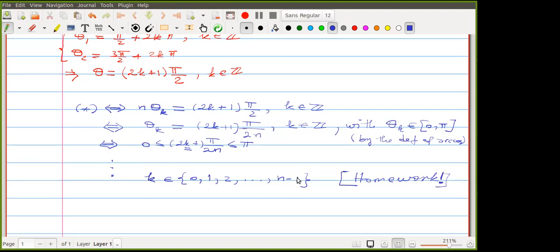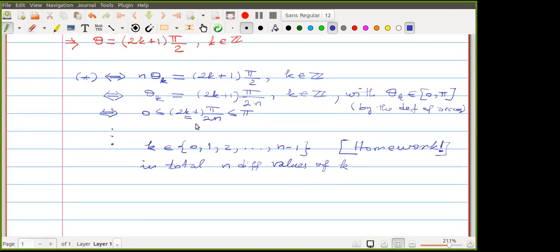Now, if you count how many k's there are, you will see that we have exactly n, in total n different values of k.